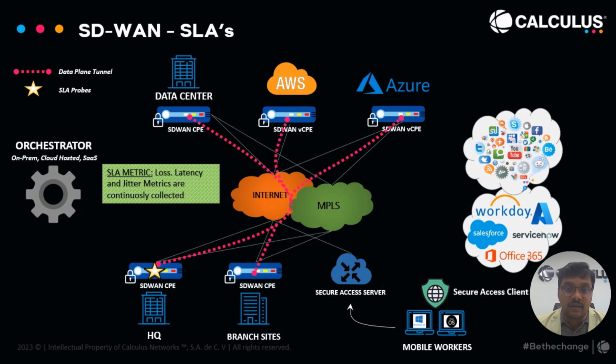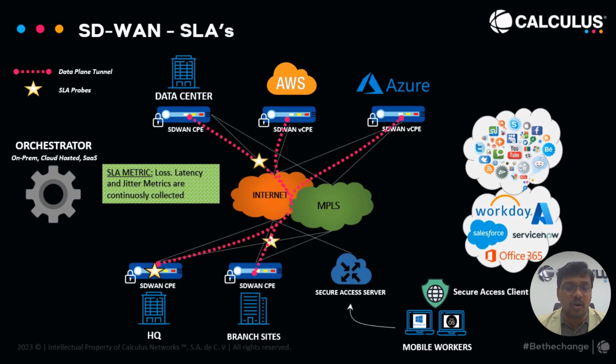If you see this slide, we have tunnels between all the SD-WAN routers. For a minute, let's see from the headquarters SD-WAN router's perspective, right, from its shoes. Via these secure tunnels, they continuously probe the on-prem DC and all other branch locations to identify loss, latency, and other SLA parameters.